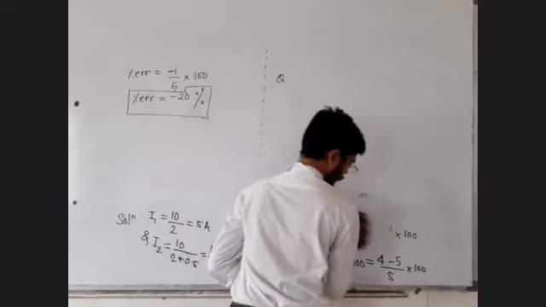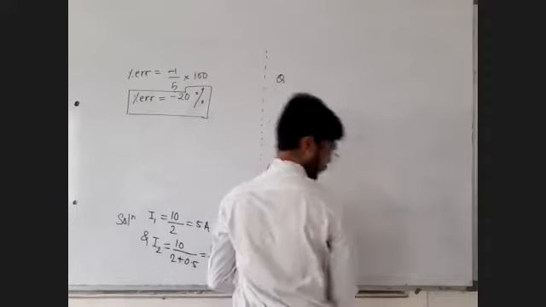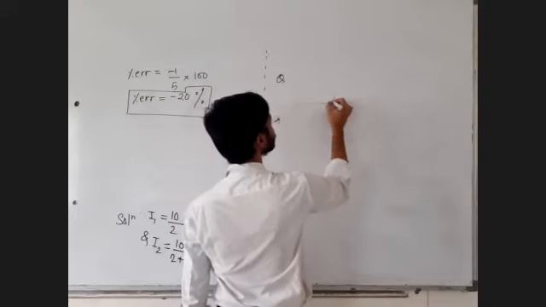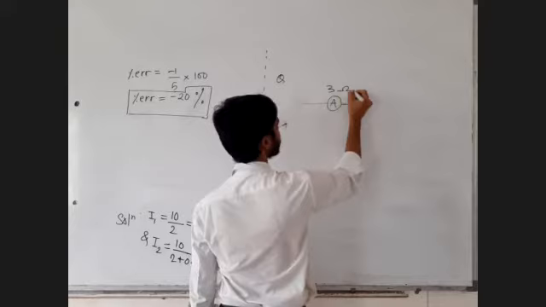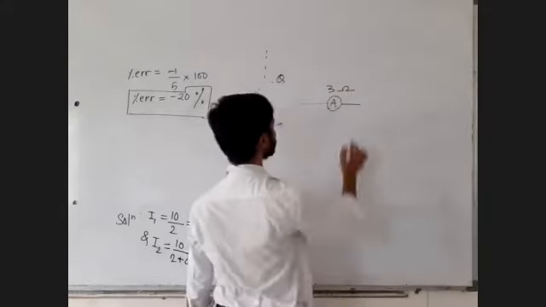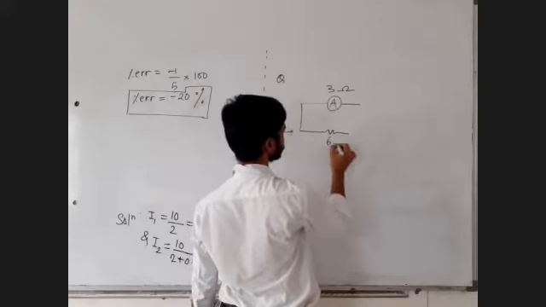Find out the current through the ammeter in this circuit, it says. And is this the current through the 6 ohm resistance? This is the ammeter having effective resistance, that is the galvanometer in parallel with the shunt. The effective parallel combination of those two is 3 ohm. This is a 6 ohm resistance.